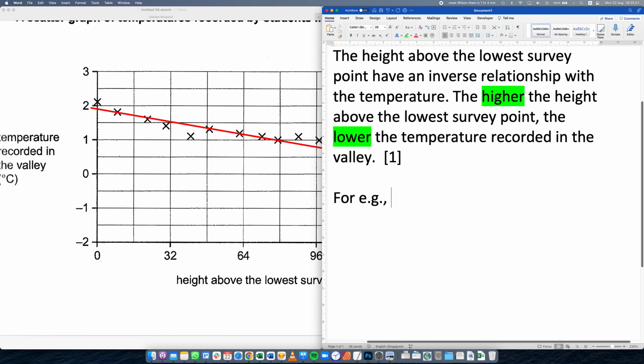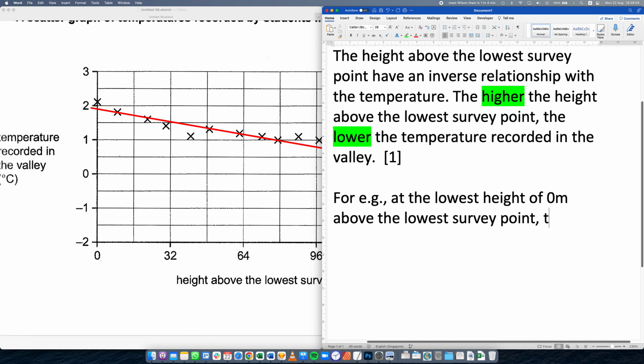Okay, so for example, at the lowest height, of 0 meters above the lowest survey point, the temperature is at its highest at 2.2 degrees Celsius, somewhere there lah. Okay, so remember to describe your data according to the words you use for the hypothesis or the conclusion.